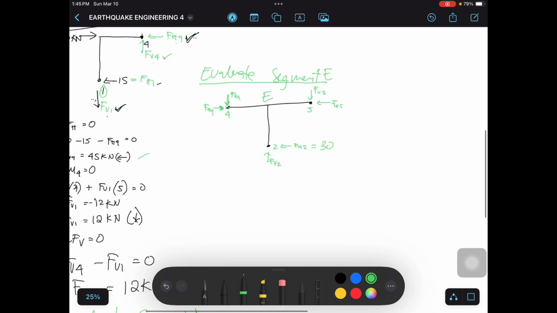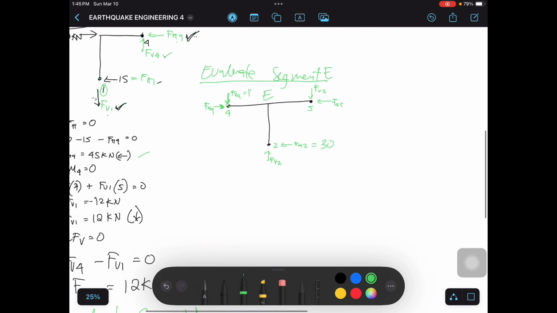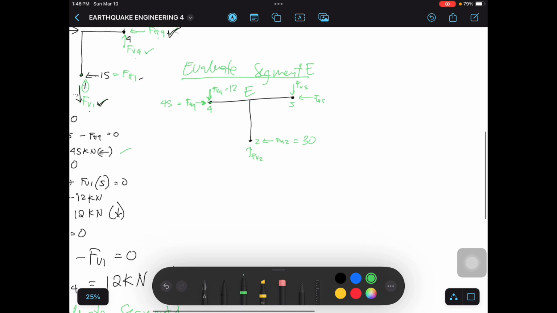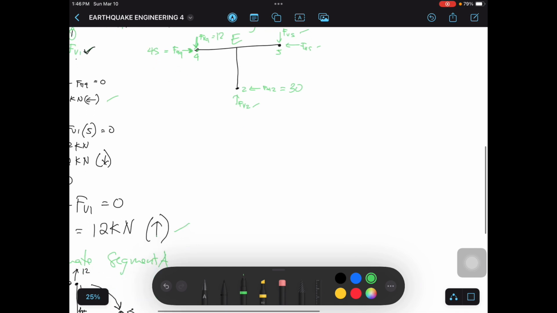Tama yung na-draw natin. Lagay natin yung values. FV4 is 12, and FH4 is 45. Meron tayong tatlong given and tatlong missing. Solvable pa rin since we have 3 equations of equilibrium.